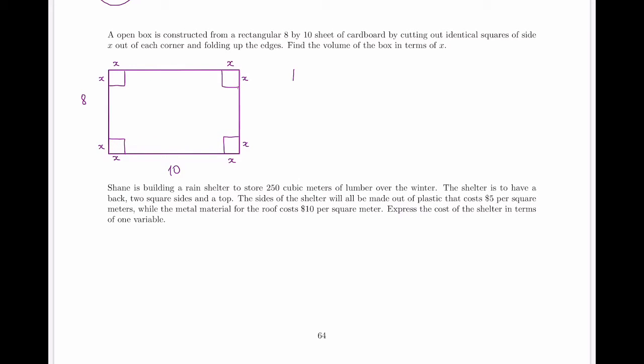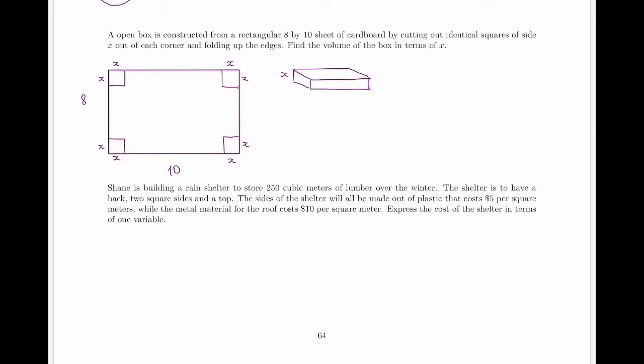So the box would look something like this, a nice rectangular box. My little x's here will turn into my little sides here, whereas this side would turn into this side, and this side will turn into this one. So you might actually want to try it with a piece of paper to really persuade yourself that that's what it looks like.